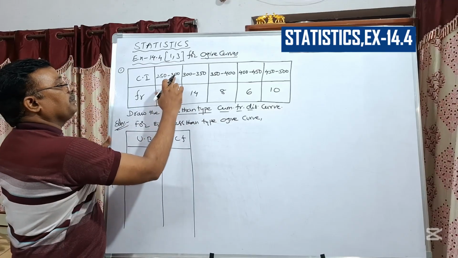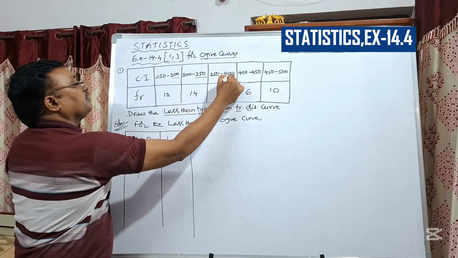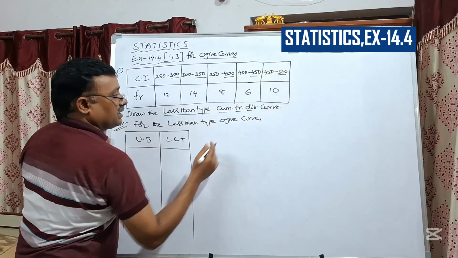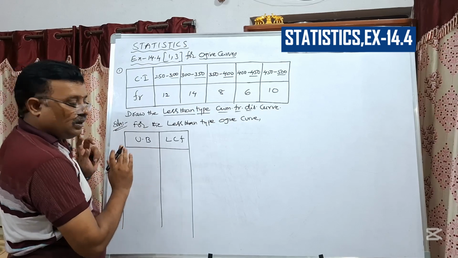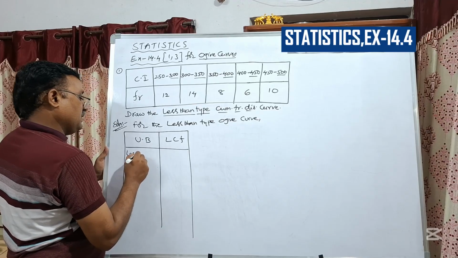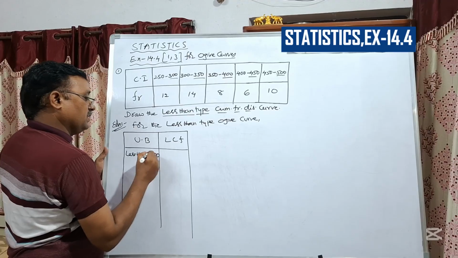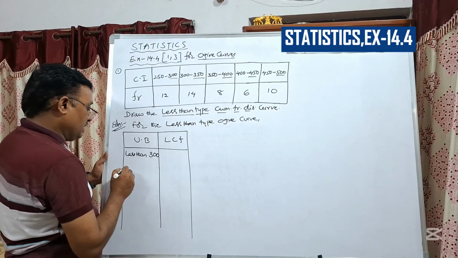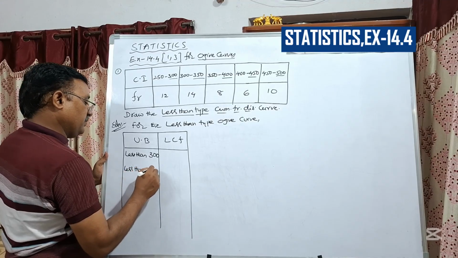Then the upper boundaries will become 300, 350, 400, 450, 500. Understood? They will come on the x-axis. But how to write it? We need to write like this: less than, what is the first upper boundary? 300. Less than 300. Next one, less than 350.